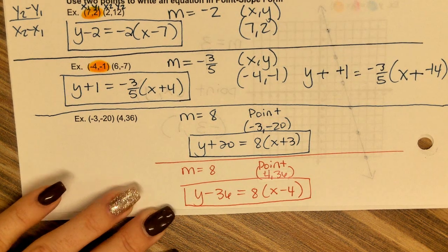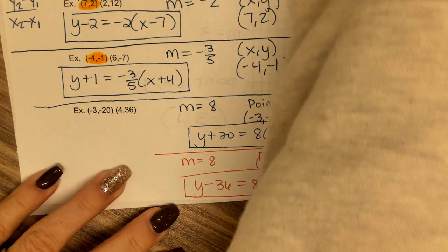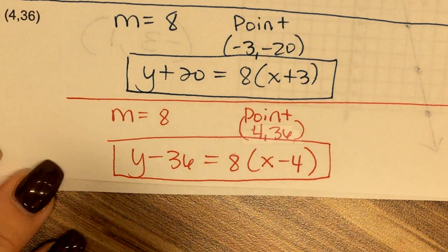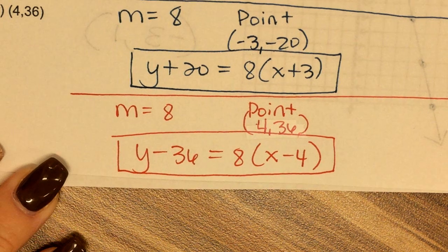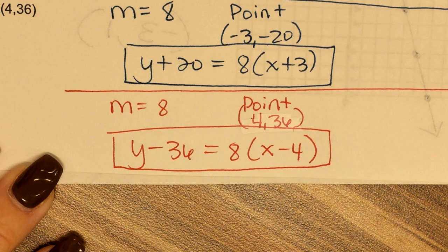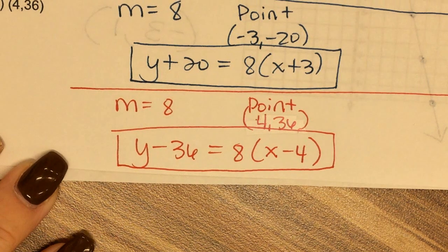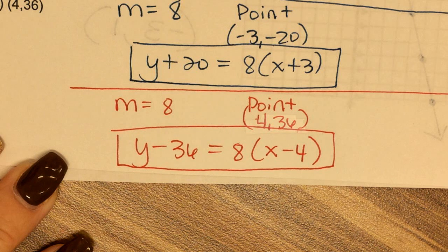Okay, I did it both ways. You can check your answer with the one that you did. So either of these answers are correct. Do y'all have any questions on point-slope form before we move on?